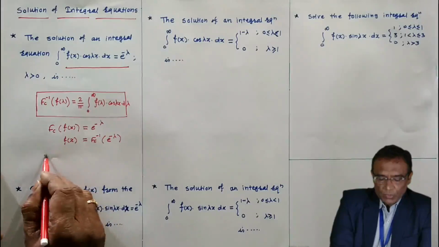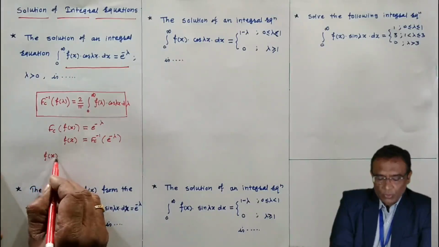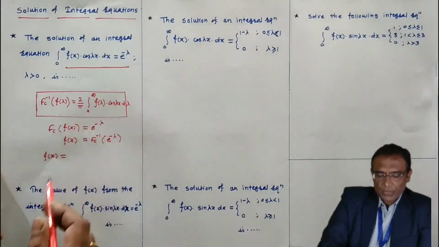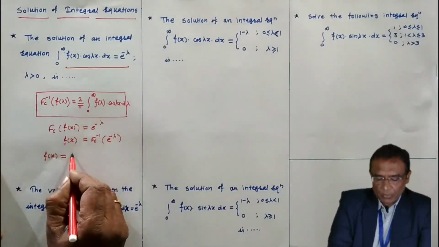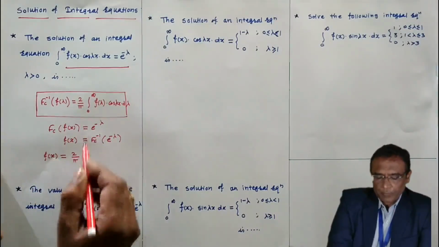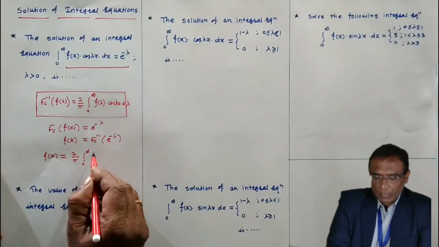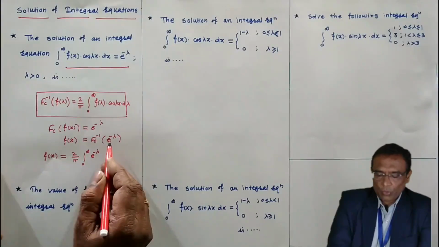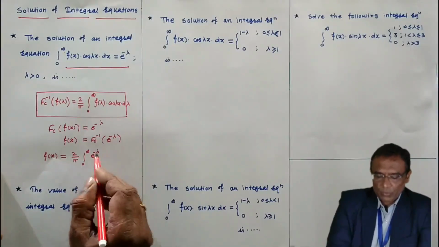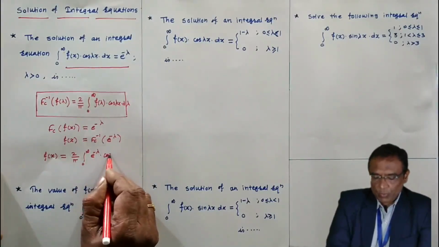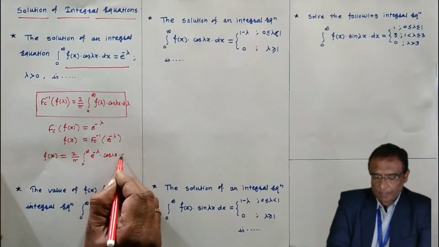Now, by definition, this is the inverse Fourier cosine transform: 2 by pi, integral 0 to infinity, f of lambda, which is the function for which we are finding the inverse Fourier cosine transform, cos of lambda x d lambda.